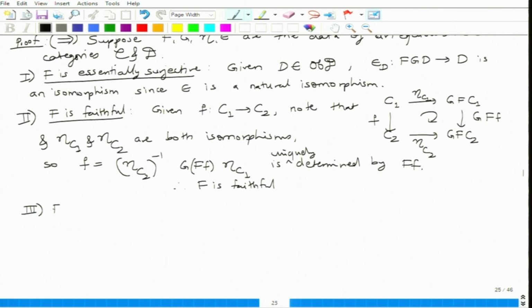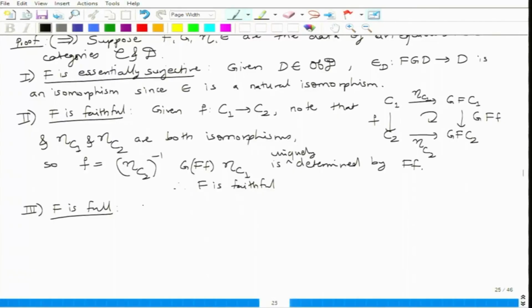F is full. Whatever we did for F, F is not spatial. Equivalence of categories means both categories are at the same level, they have the same properties. So if F is a part of an equivalence, then similarly G is also a part of an equivalence, right?